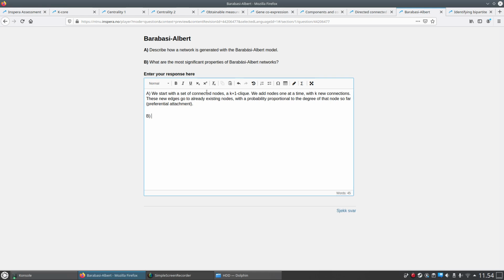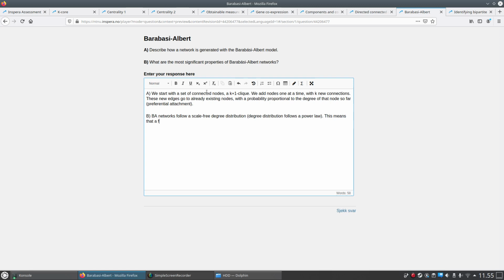So what are the most significant properties of the Barabasi-Albert model? Well, the first is that BA networks follow a scale-free degree distribution. The degree distribution follows a power law.